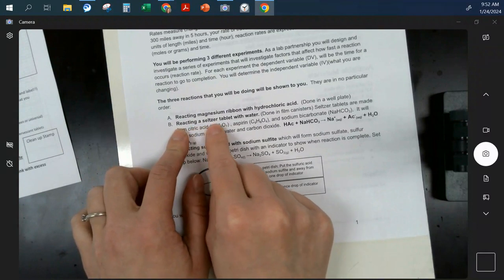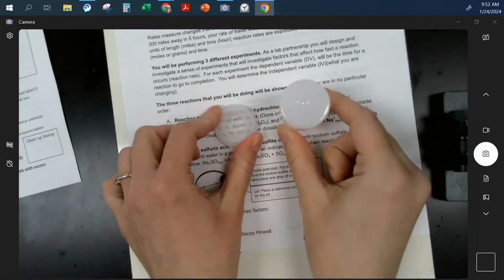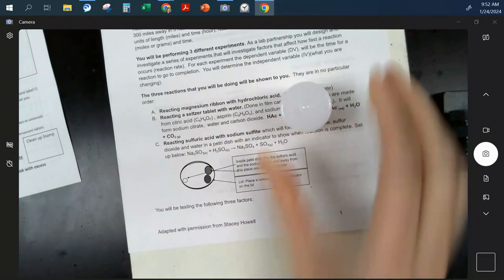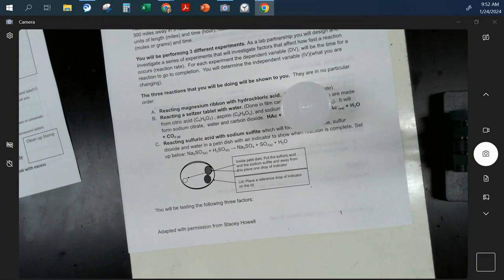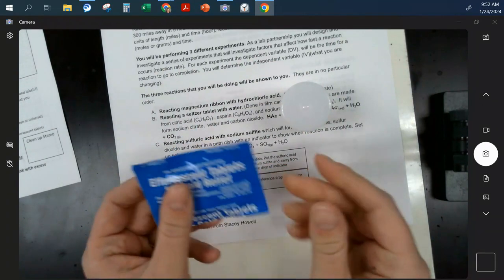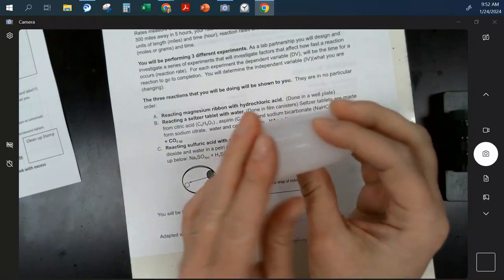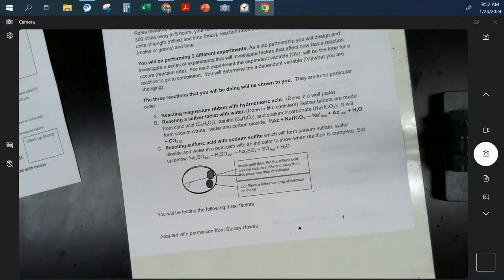We're also going to use Alka-Seltzer with water. How many of you have done that? We're going to put it in a canister. You have used the canister? Okay. You're going to get a tablet, and you'll mix this with water and put it in here. The last reaction is one where you're going to take an indicator.